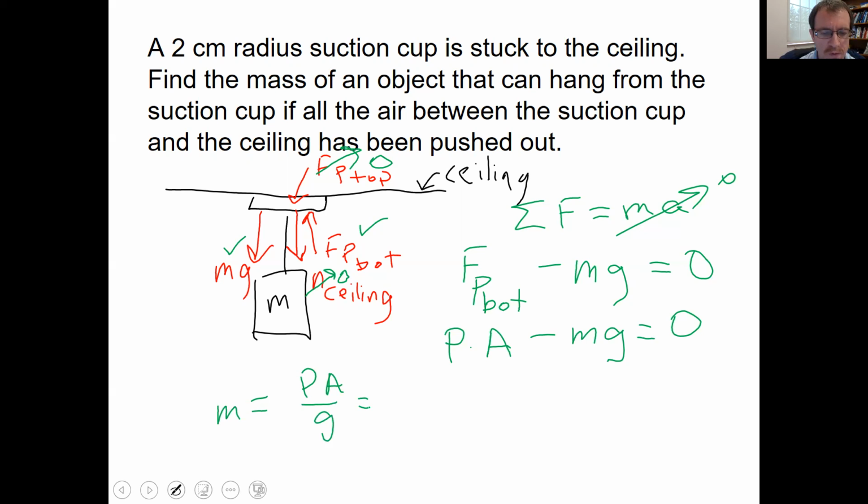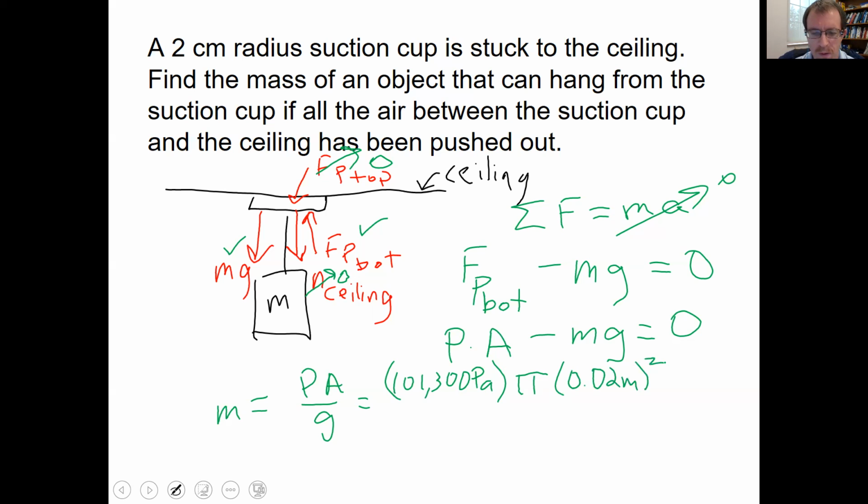And let's go ahead and plug in some numbers. 101,300 pascals is the pressure. Area, what should we do for area? A suction cup has a circular shape, so we need the area of a circle. This is pi times the radius squared. It's a 2 centimeter radius. Of course, we don't operate in centimeters, we operate in meters, so we need to convert that.